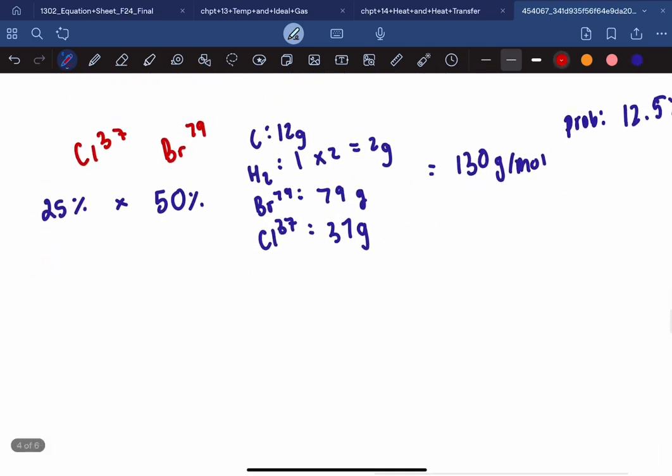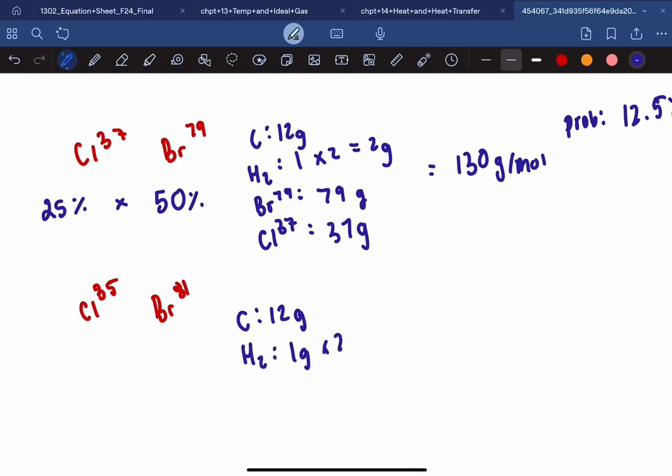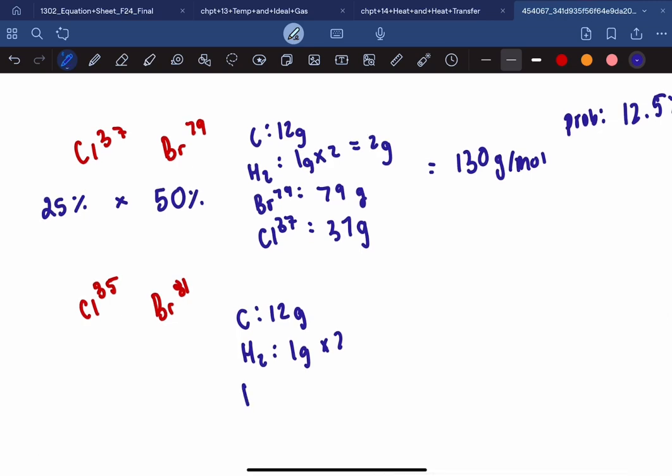The next one we can do is Cl35 with bromine 81. So we still have carbon at 12 grams. We have hydrogen 2 at 1 gram times 2 of them. We have a bromine 81, that's 81 grams.